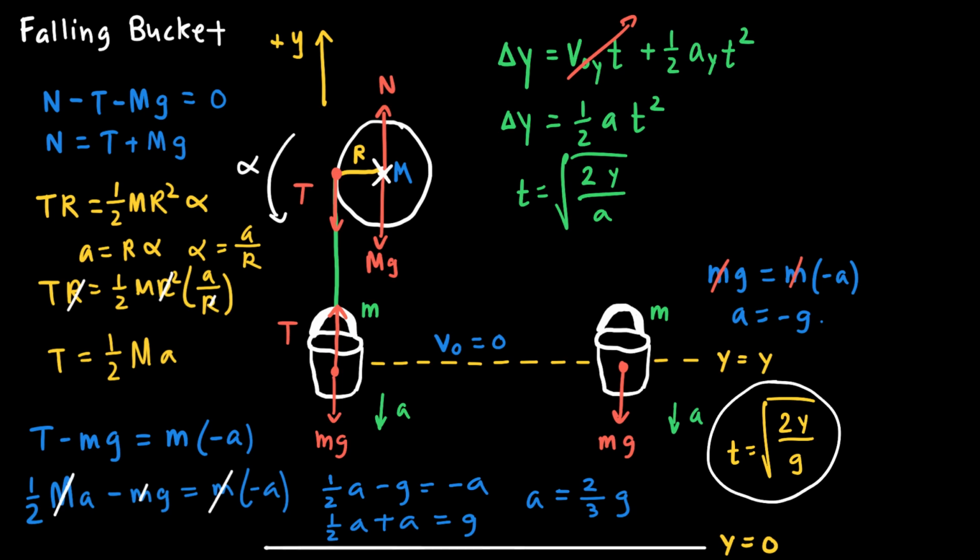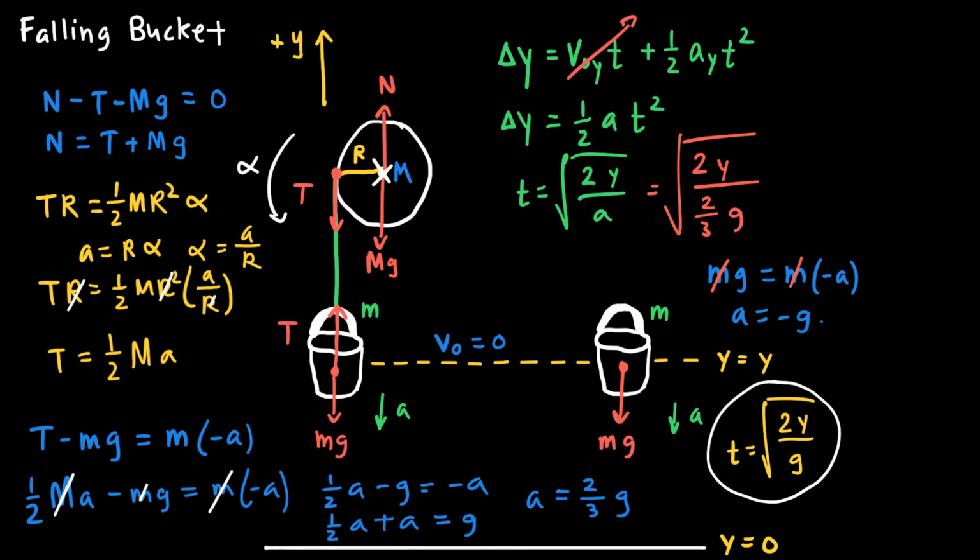So to bring this all together now, I need to write this equation for the time it's going to take to reach the ground. For the other bucket, we had the square root of 2y over g, and now we need to plug in what that acceleration is for the other object. And so I'm going to continue from my equation that I wrote at the top, where I have the square root of 2y over a. Here we have the square root of 2y over the acceleration, which is 2/3 g.